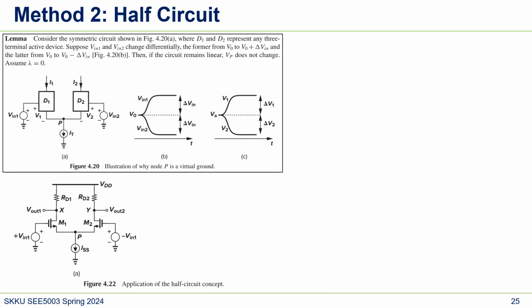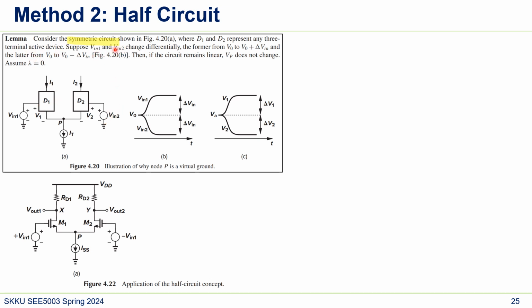Method 2 for small signal analysis is using the half circuit. The lemma considers a symmetric circuit. This is an important part: the symmetric circuit shown in figure 4.28 here, where D1 and D2 represent any 3-terminal active device, so it can be a MOSFET too.